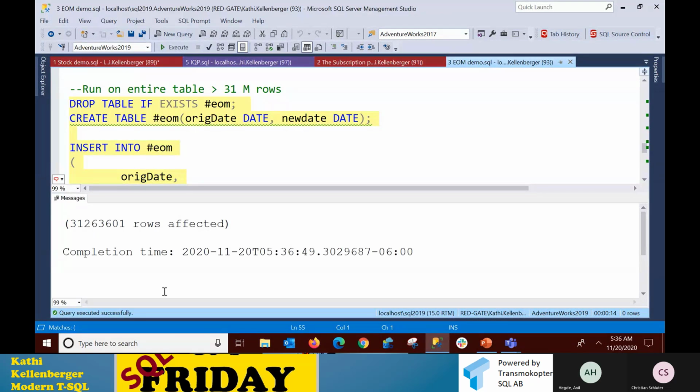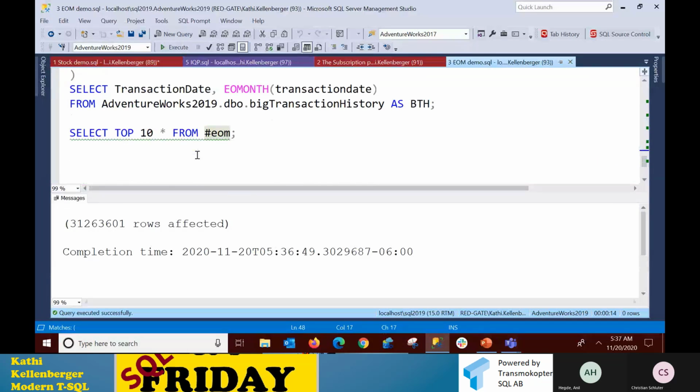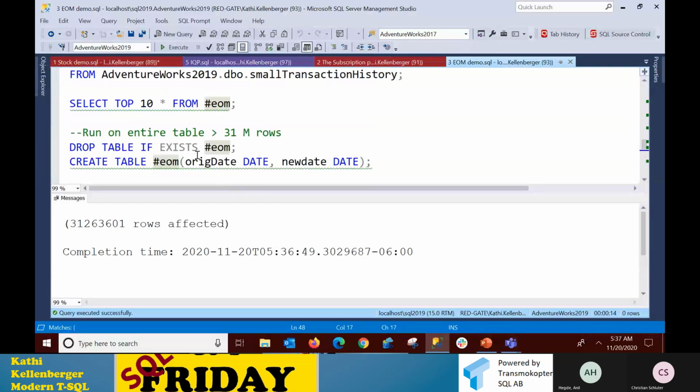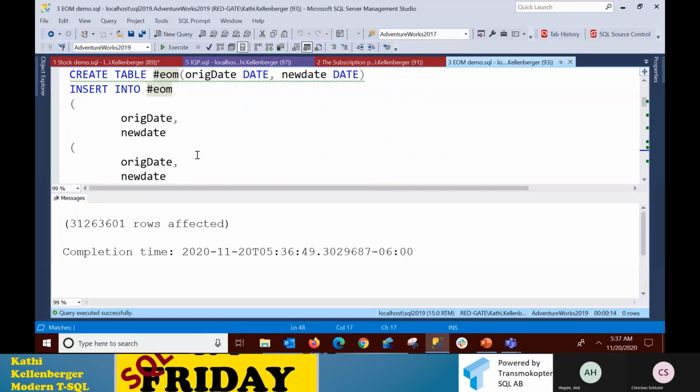And it took 14 seconds. So the more data you have, the longer it's going to take, but it still was pretty quick. And that was absolutely no chance of caching, since that was fresh. We didn't touch that table before.